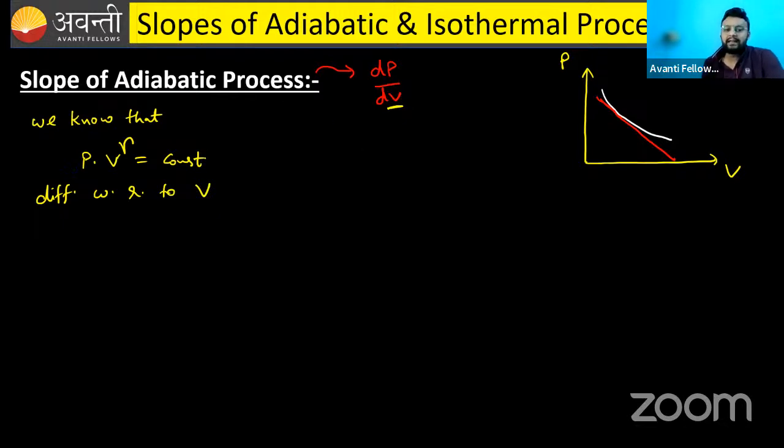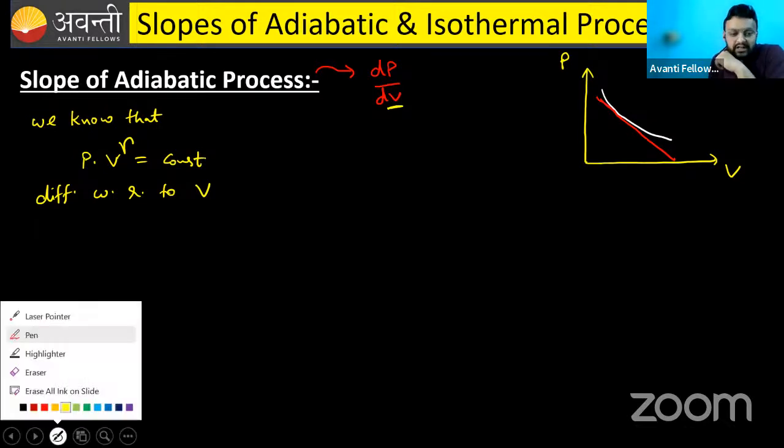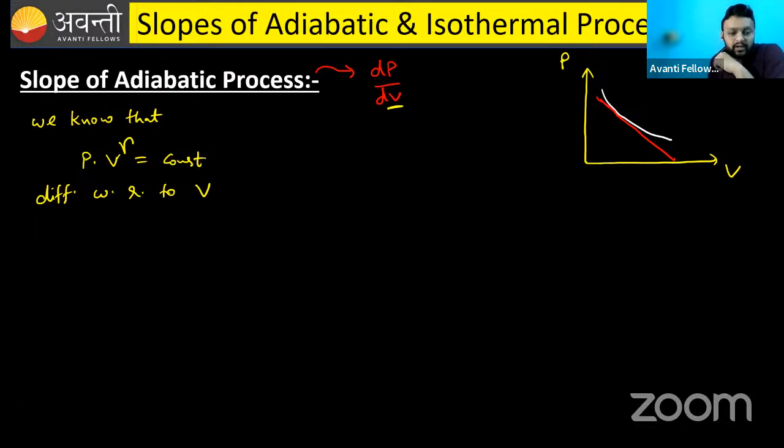Now P and V are interrelated. These two things depend on each other, or you can say P depends on volume. So while differentiating, it will be a function of U into V type. I think you know the differentiation of U into V type. If you don't know, I can mention it for you. For example, d over dx of U into V is what?